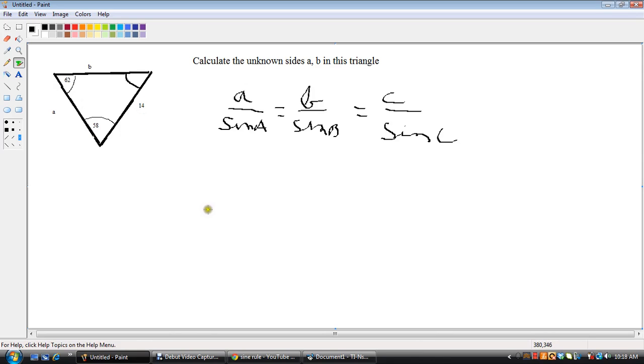So we can say that 14 over the sine of 62 degrees is equal to B over the sine of 58.